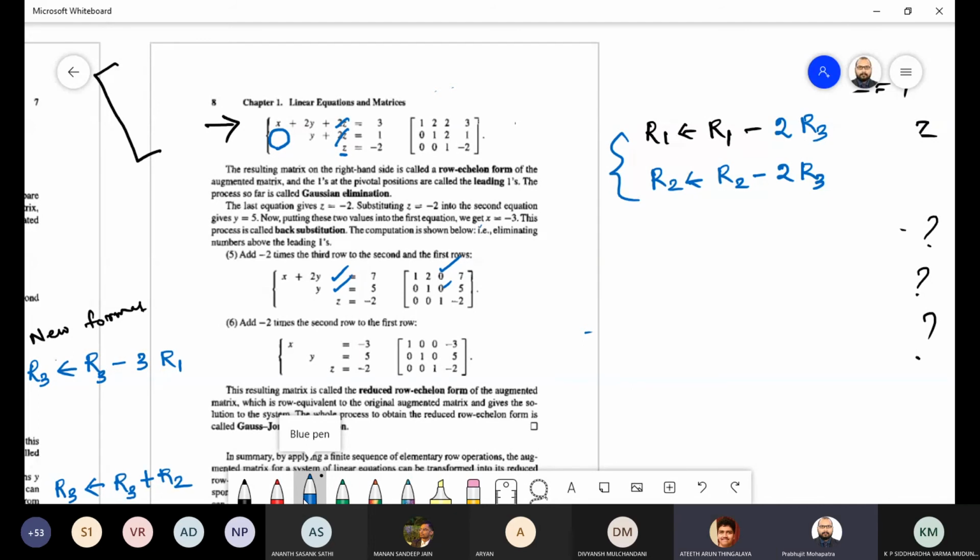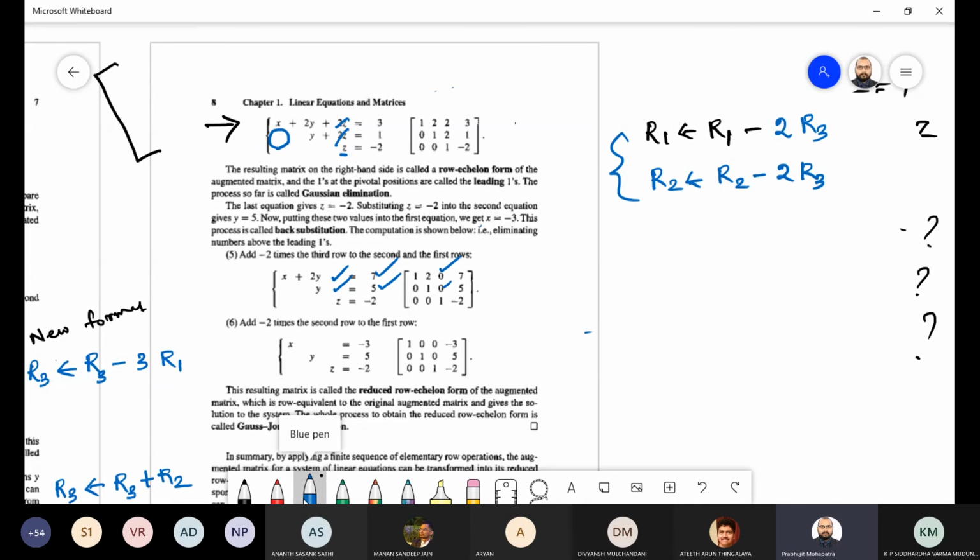So 3 plus 4, it will be 7, and here 1 plus 4, it will be 5. So the z is removed. You have to do the same thing on the right hand side also. Do not forget the right hand side, because there also you have to do the adjustment.